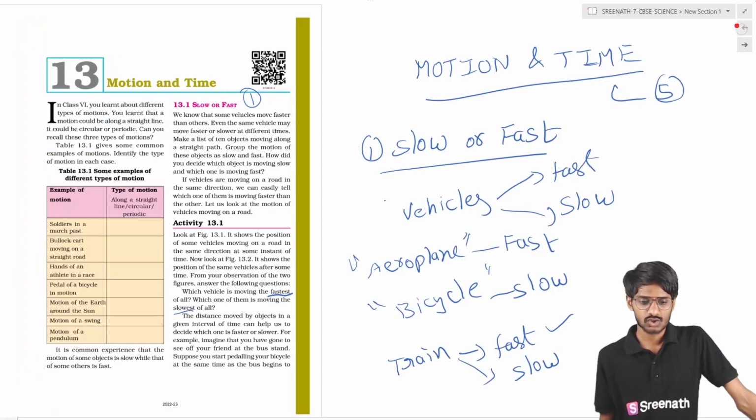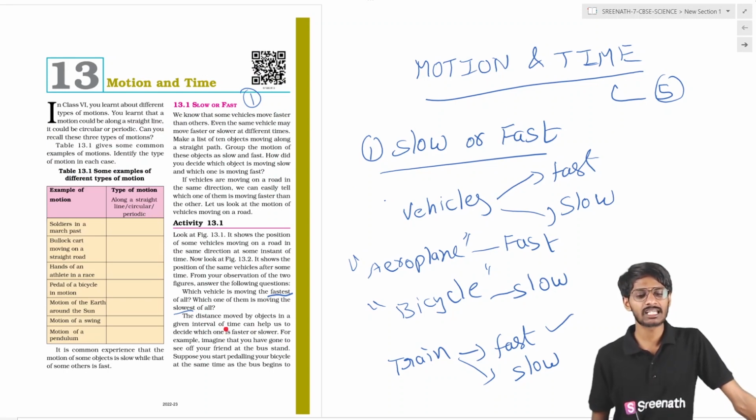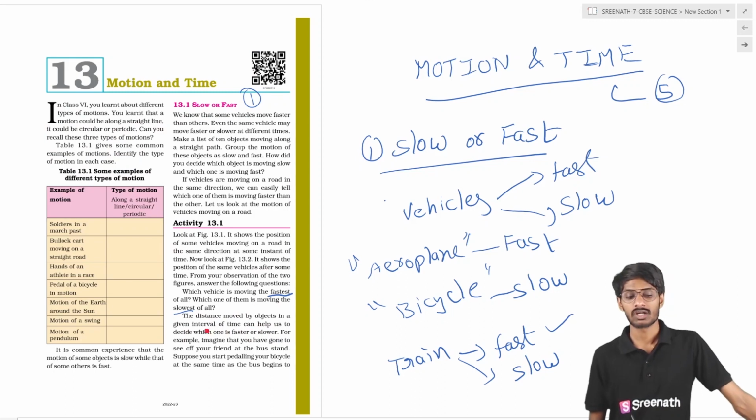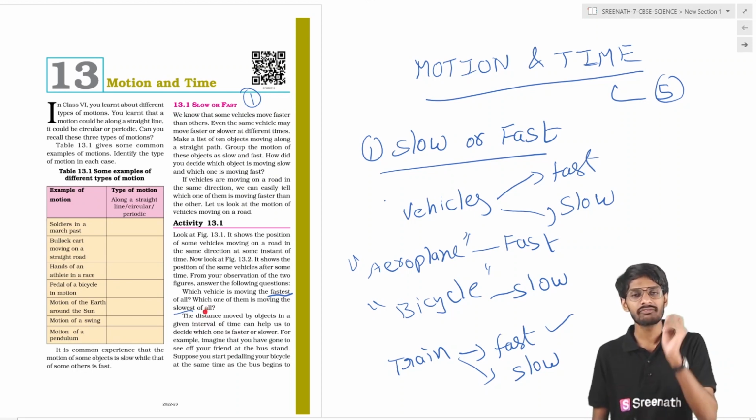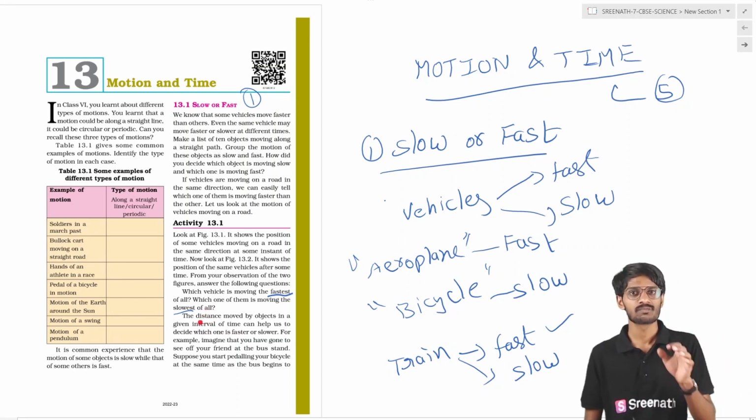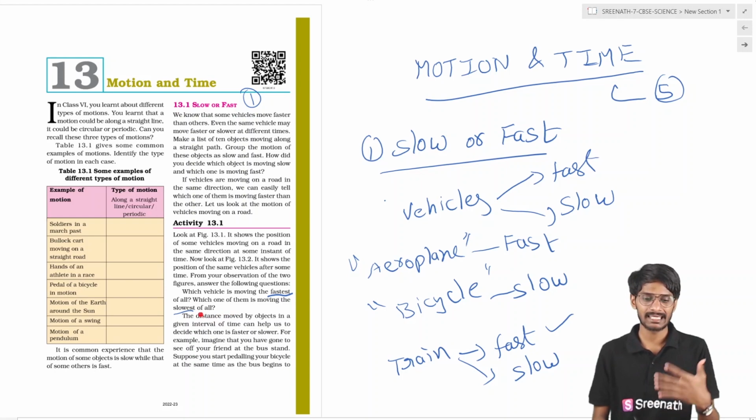Okay, students. The distance moved by objects in a given interval of time can help us to decide which one is faster and which one is slower. In that discussion, if they are moving in the same direction on a straight line, we can decide easily.